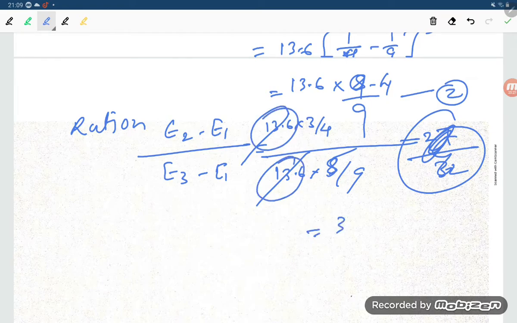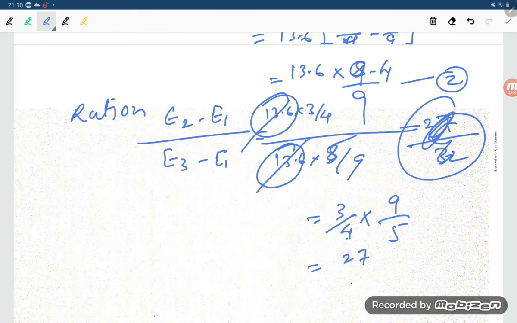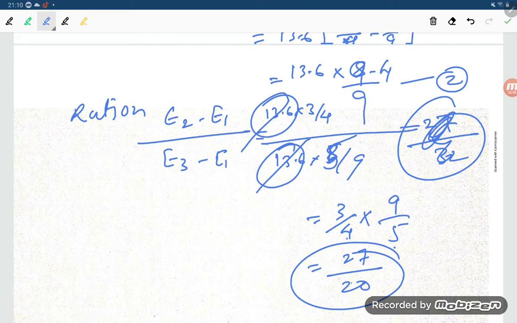13.6 cancels out. So 3 by 4 multiplied by 9 by 5, so it is coming 27 upon 20.